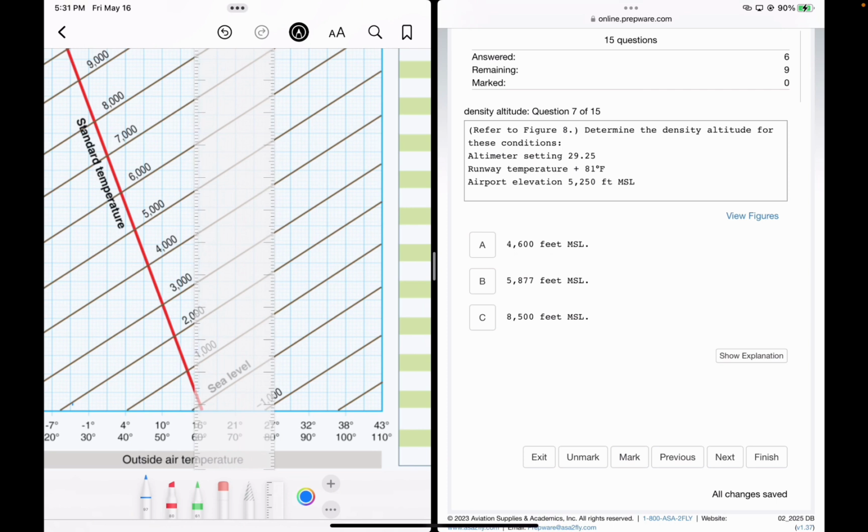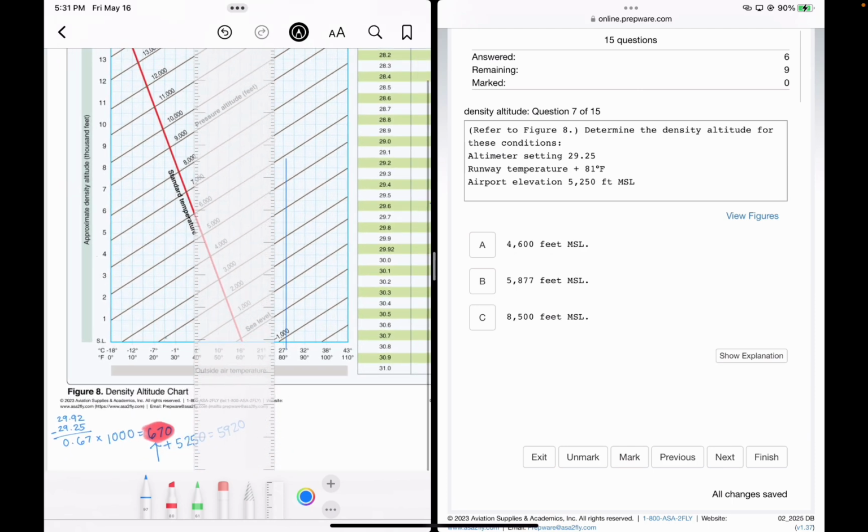And I am going to take my pen, draw the line from here all the way to the pressure altitude, which, what was it that we said? 5,000. So do you see how the line goes to 5,000? In the middle between this line and that line would be 5,500. And we would guesstimate that 5,900 would be somewhere around here.